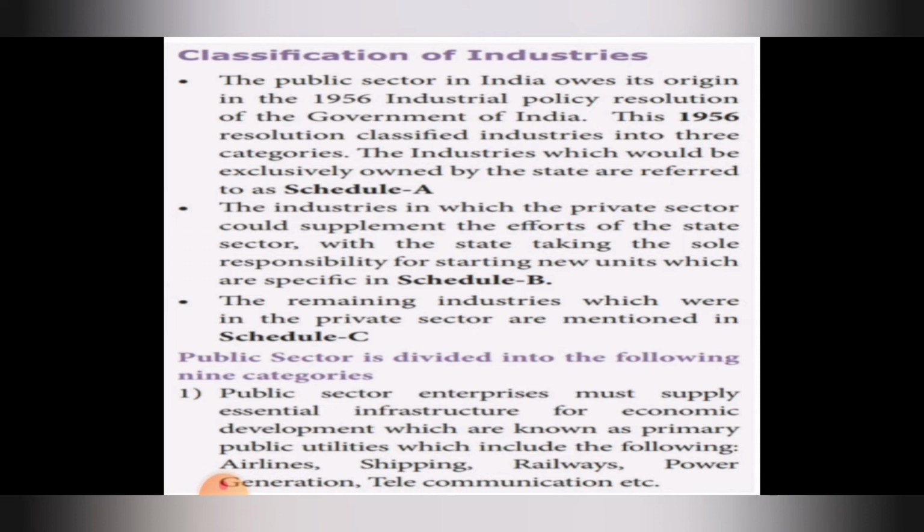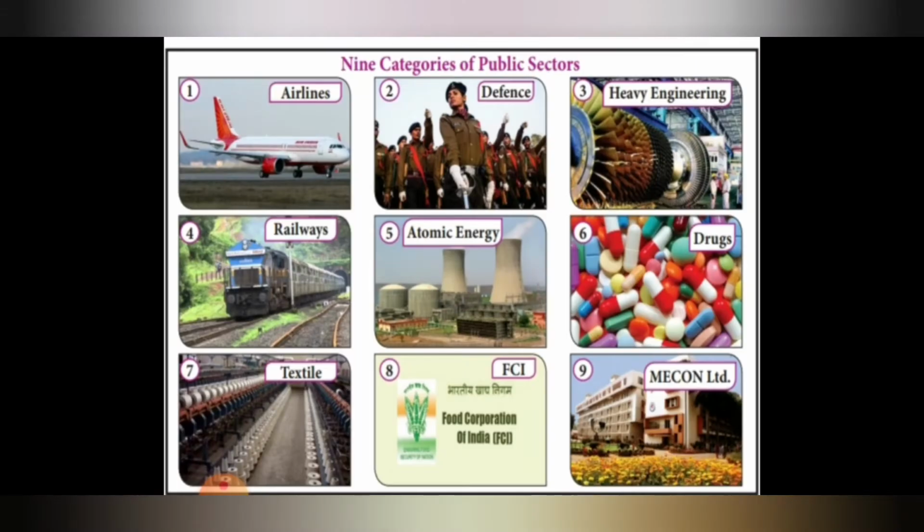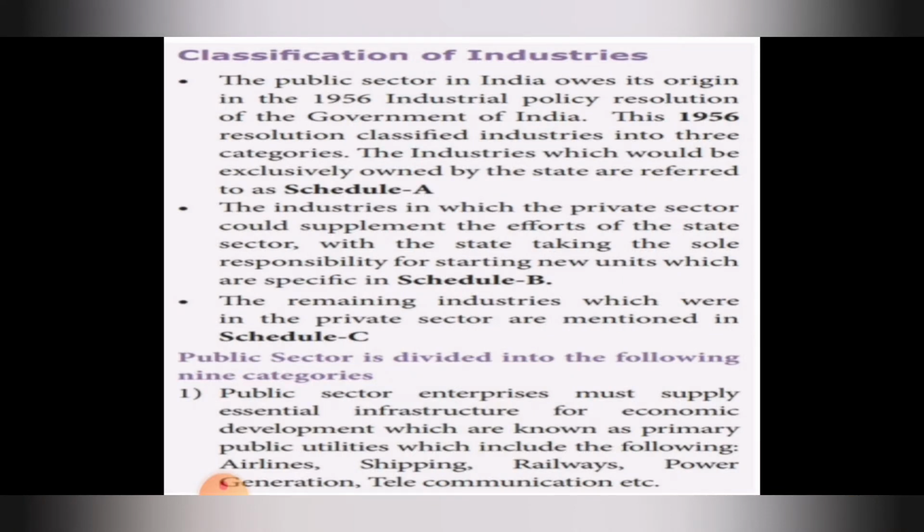So, we have seen the 9 categories in the picture here, and we are going to see them in detail. The first one is airlines, as given in the picture. Public sector enterprises must supply essential infrastructure for economic development, which are known as primary public utilities.